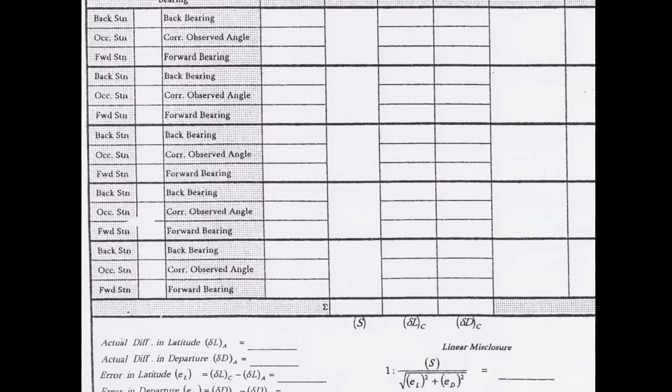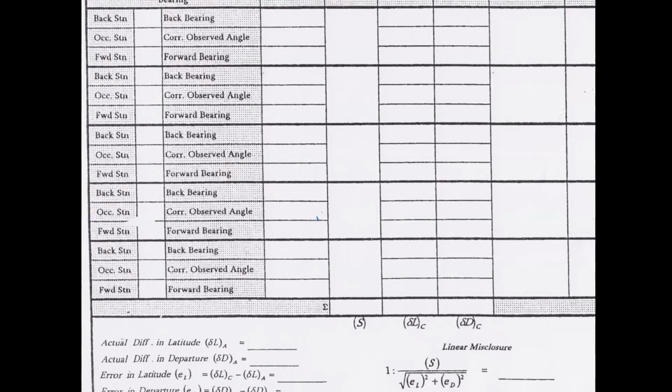So what I mean is traverse calculations. We call it the latitude and departure computation form. We have agreed to start from A, with the back bearing to E. So that's what we'll do now.